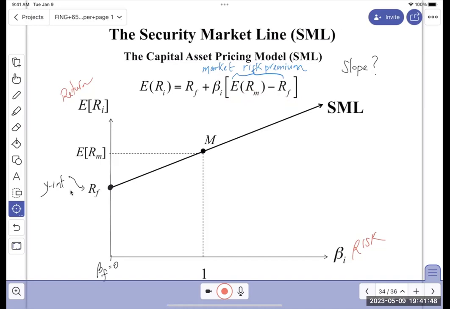Okay, now I'm going to ask you the question. What's the slope again? You guys have it like in pieces. What's the slope? Let's do it together. Let's go between RF and M. So the change in X and the change in Y. What's the change in X?